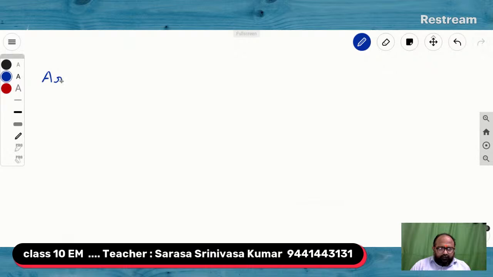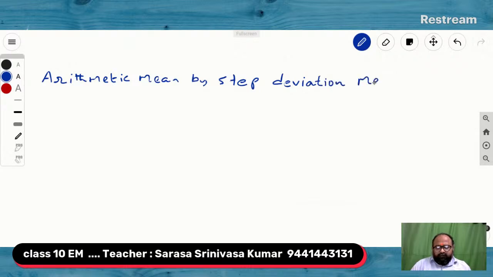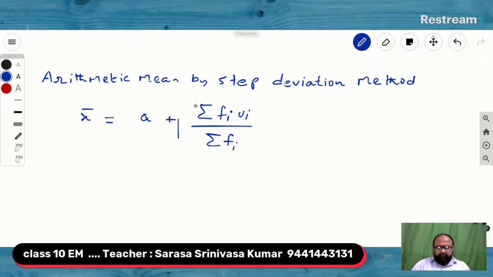Therefore, the arithmetic mean by the step deviation method: x bar equal to A plus sigma Fi Ui divided by sigma Fi, multiplied by H. A is the assumed mean.